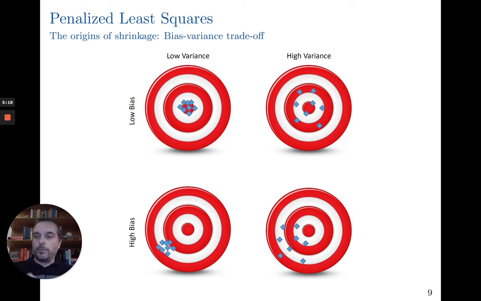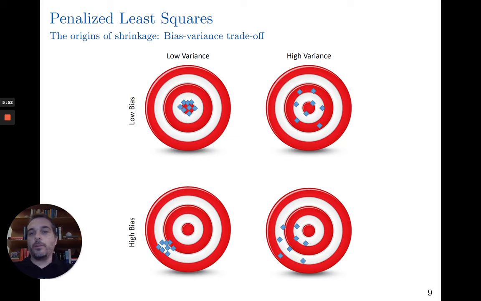And you also know that under certain conditions, OLS, whenever it's possible to estimate parameters by OLS, is an unbiased estimator, and it's also the optimal linear predictor. Okay? It minimizes the sum of squared errors of all possible unbiased linear predictors. Okay? So you may think about this as a case where you have low bias, low variance.